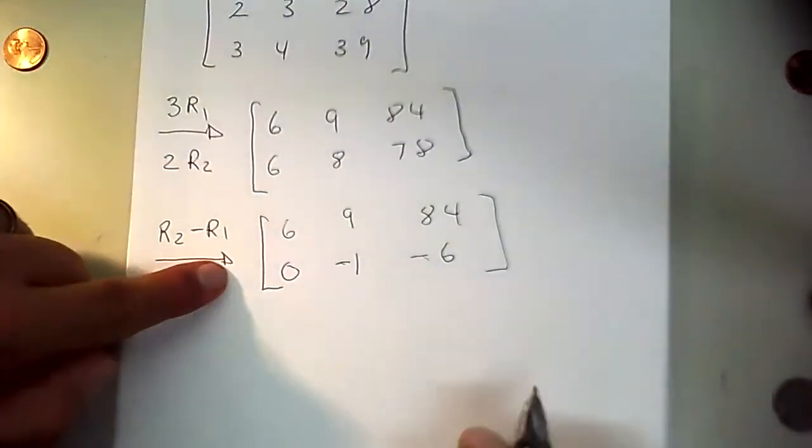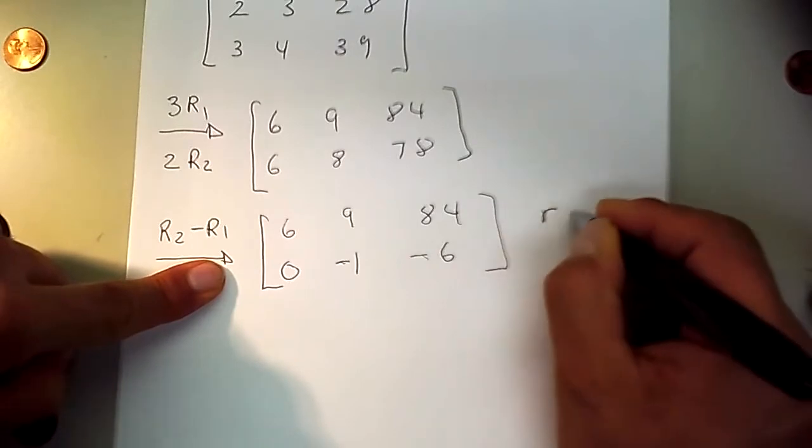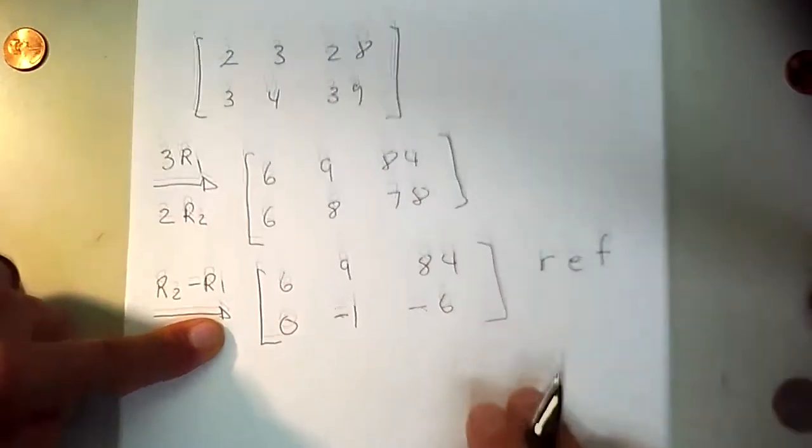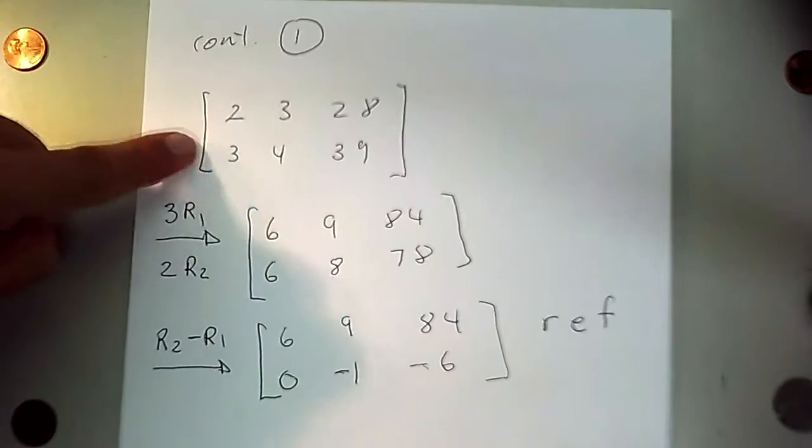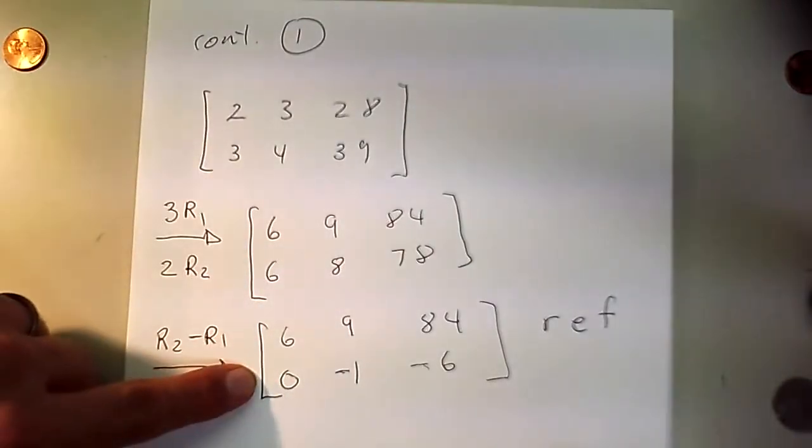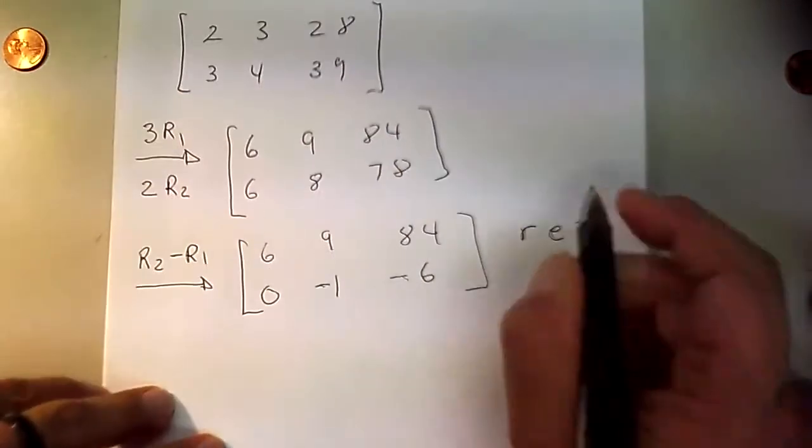All right, this is the row echelon form of this matrix. This matrix has been reduced to this. Oh, not yet. Oops, not yet.